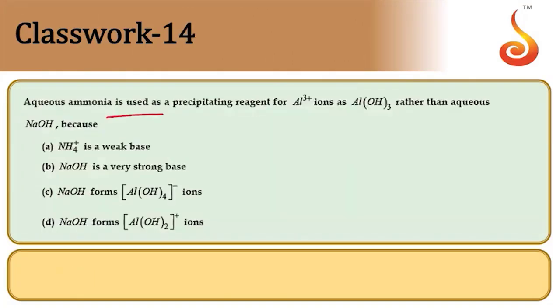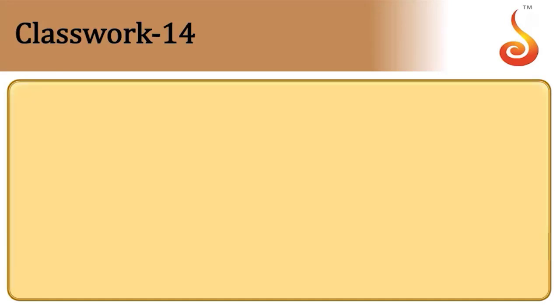Aqueous ammonia is used as a precipitating reagent for aluminium ions as aluminium hydroxide rather than aqueous sodium hydroxide. Here aqueous solution of NaOH will dissolve the aluminium hydroxide precipitate. That is to say, if you are using NaOH solution in place of ammonia, the aluminium hydroxide precipitate formed will start dissolving in it.